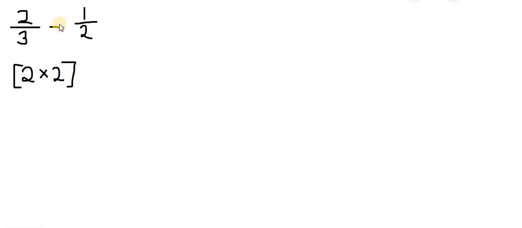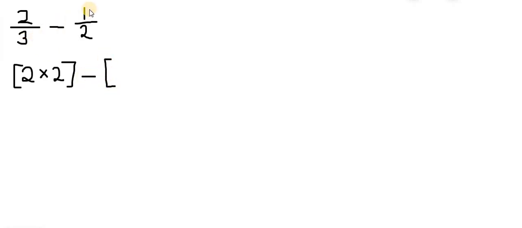Okay, now for subtraction, would the same process apply? Absolutely, only the sign changes. So I go across 2 and 2, so that's 2 times 2. The sign in between is a minus sign.